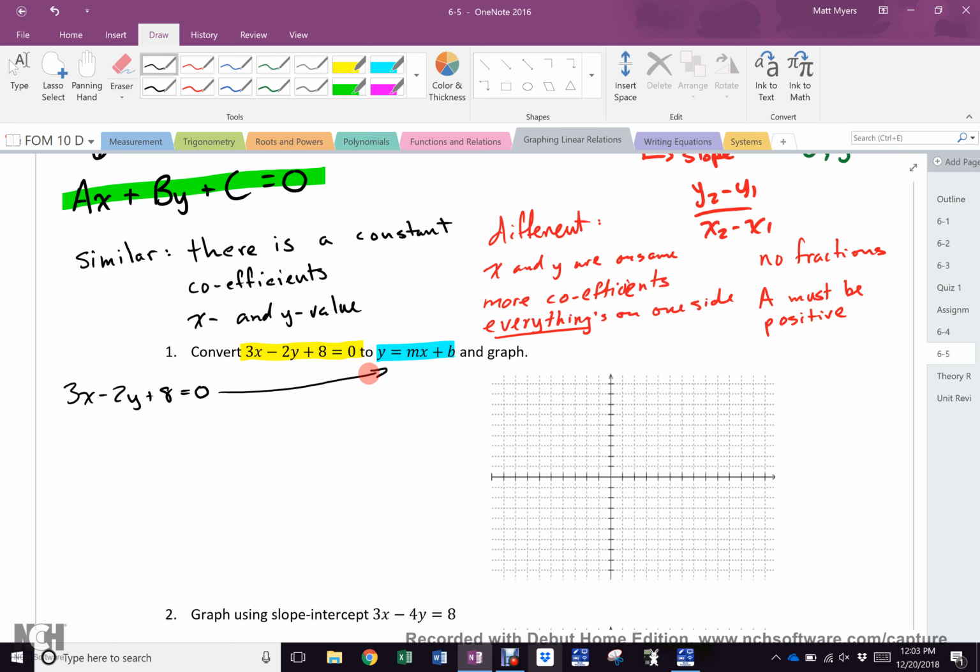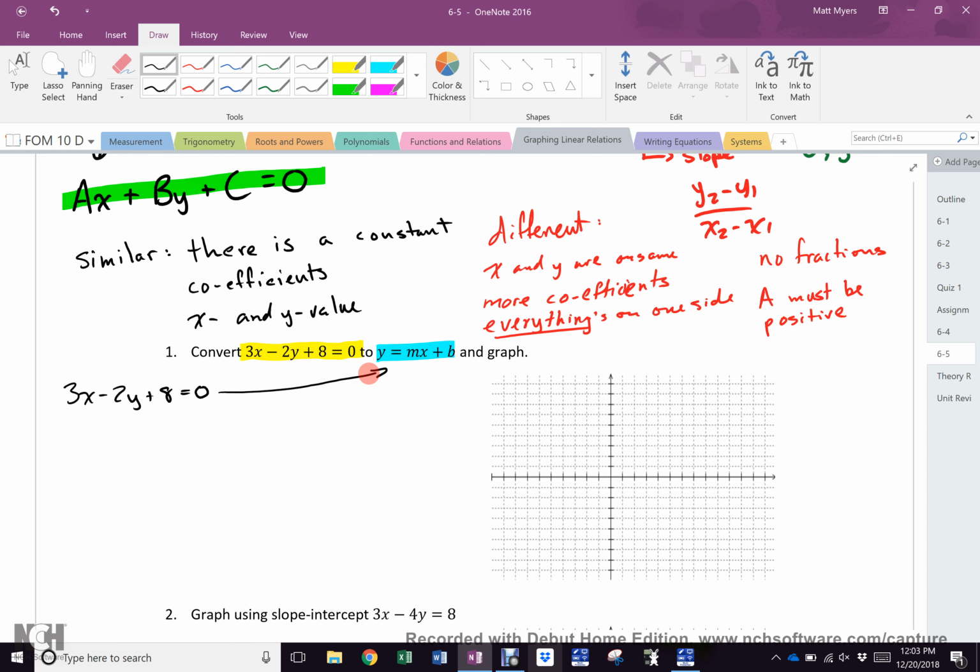Don't tell me what to do, tell me your goal. Your goal is to isolate y, because once y is isolated, do you automatically know everything you need to know to put it on a graph without using a table of values? Yes.